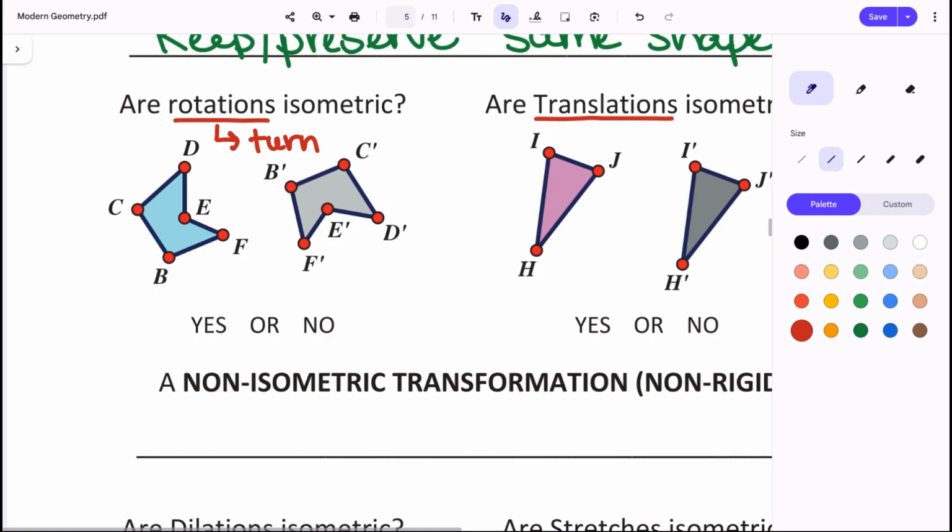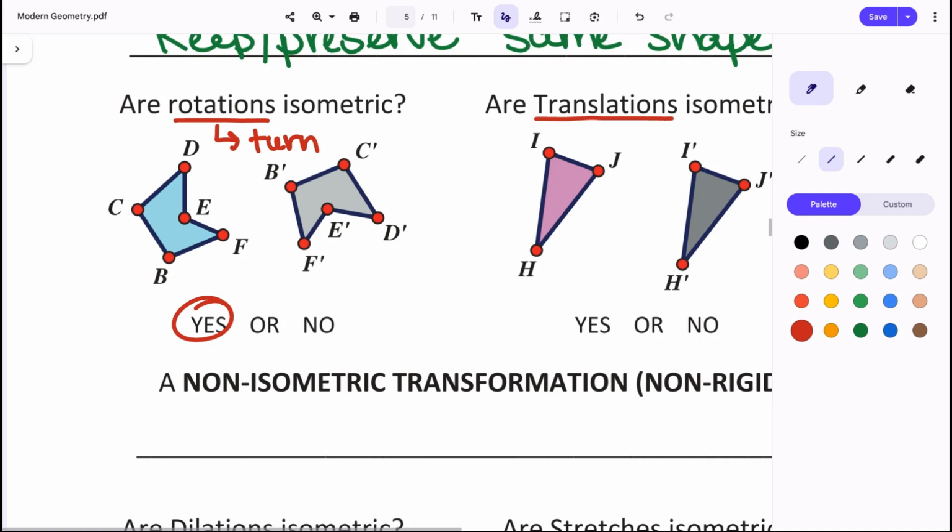However, it does look like the one on the left was maybe turned in order to now face this direction a little bit. So I'm going to go ahead and say that yes, a rotation is isometric because a rotation would not change the size, would not change the shape. It's just going to change the way the shape is sitting on your coordinate plane or on your space on your paper or something like that.